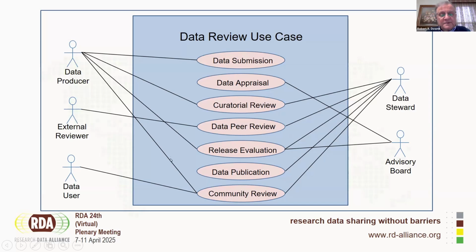And then finally, the data producer is going to be involved in the community review process, and hopefully the users are going to be involved in that. Once the data are released, the users should be able to provide comments about issues associated with the use of the data, and ideally that information could be brought back to the data producers so that perhaps they could even revise the data and have a release of a subsequent version, for example.